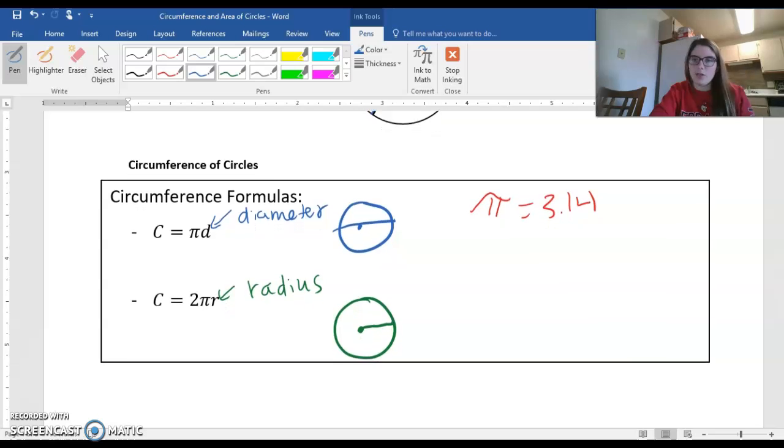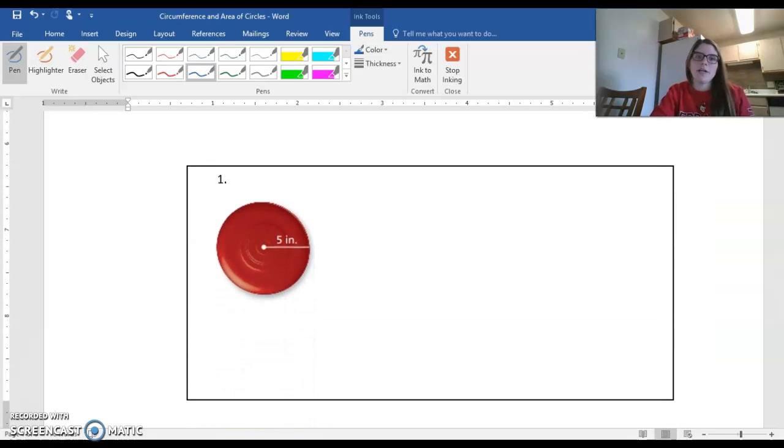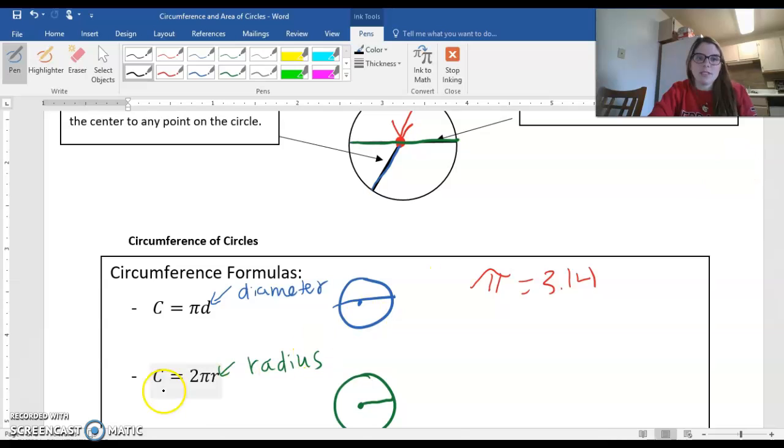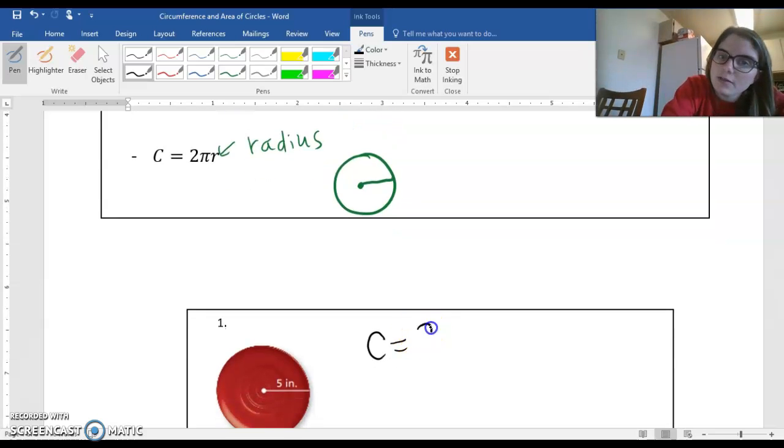So let's go ahead and look at our first problem. On this first one right here, you can see they gave us a circle. They want us to find the circumference. So if I go back up, it looks like they gave me the radius here. So I'm going to use this second formula. The circumference equals 2 times pi times the radius.